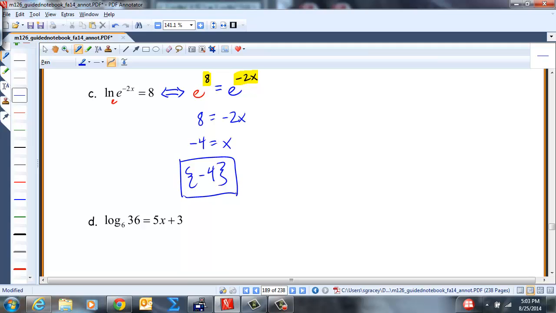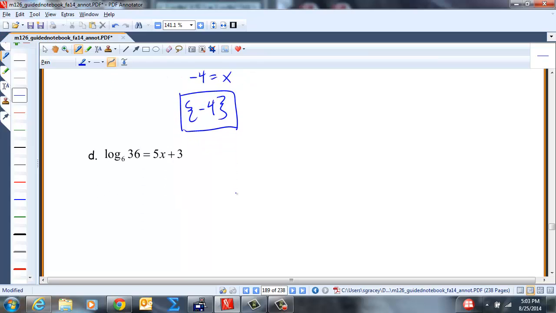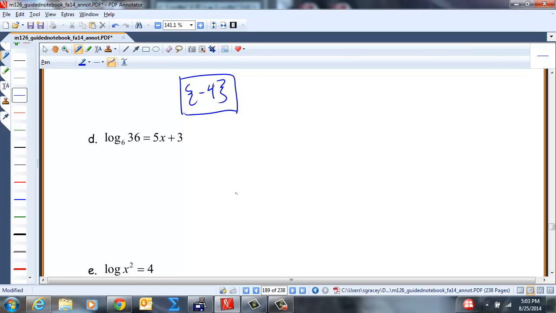Okay. Next up, this is another sort of tricky one. What is the power to which we raise 6 to get 36? So I'm basically saying, what is this number? The power to which I raise 6 to get 36 is, you could think about it as the power to which I raise 6 to get 6 squared is, I'll let you think about it.